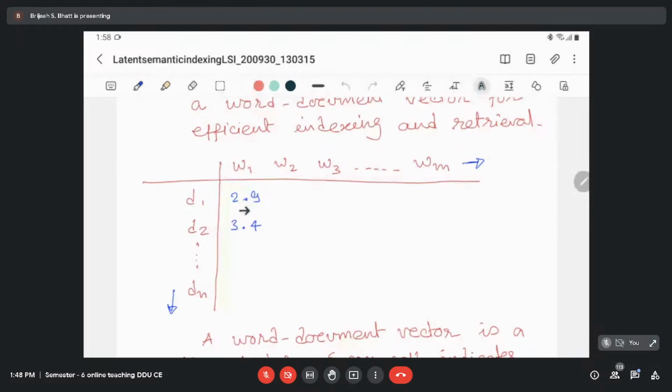And if some word occurs 6 times in a document of 1000 words, then you will put importance as 6 by 1000 and so on. Then you normalize, put it in a scale and range. But in the simplest form, this shows how important the word is for the document.